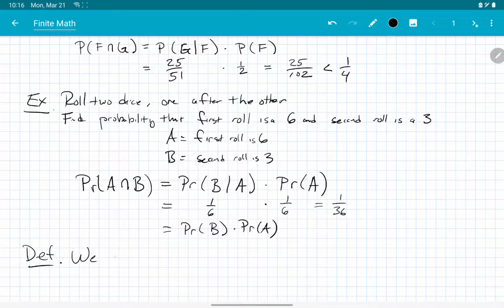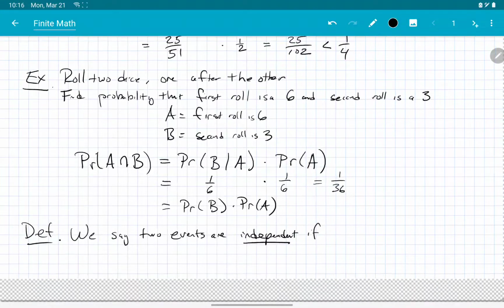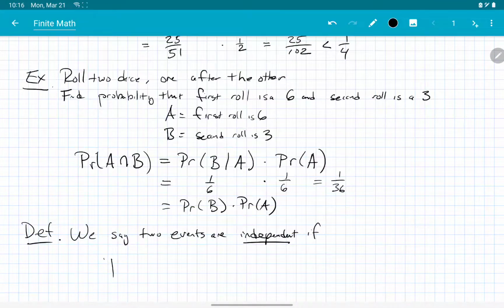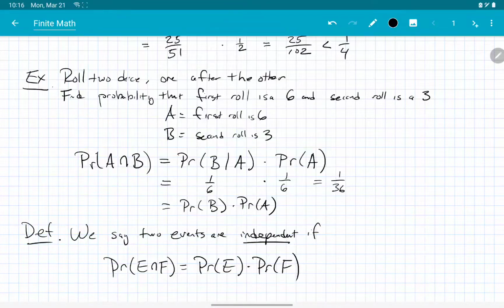We say two events are independent if the probability of E and F is equal to the probability of E times the probability of F. We just multiply the two probabilities to find the probability of the joint event.